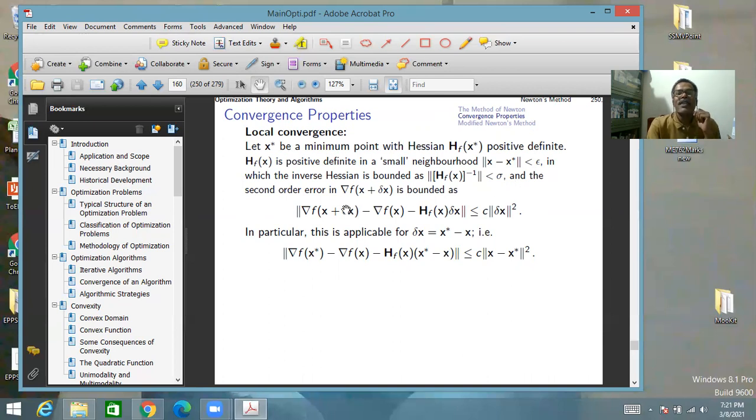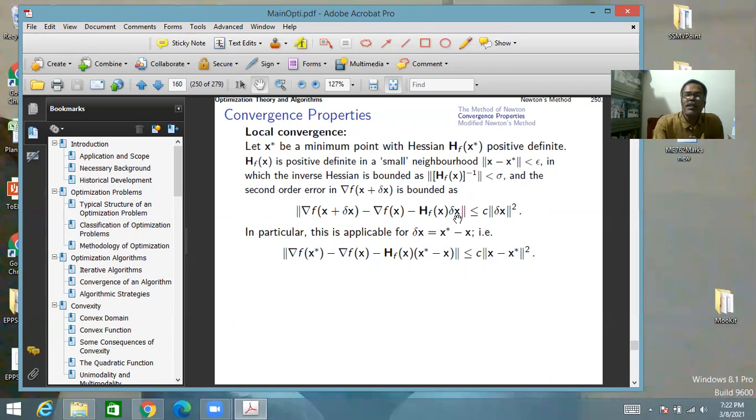And the second order error around a point within this neighborhood, where things are nice and smooth, also has its Taylor series. Okay, so if you talk about the Taylor series of this, then you will find grad f at x plus Hessian at x times delta x plus second order terms.